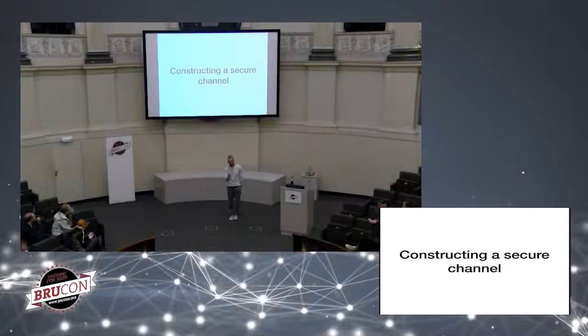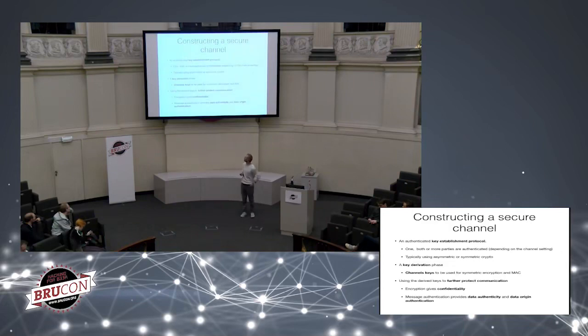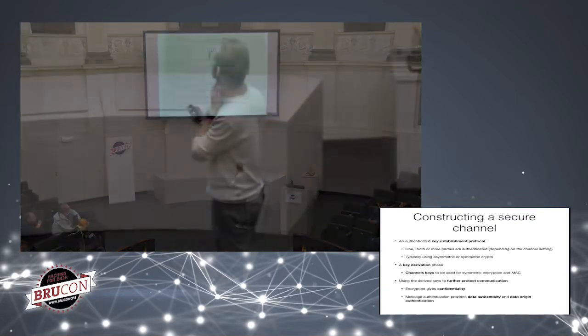If we are building applications, we're building systems, and we would like to have these specific properties, we need to build a secure channel. How can we now do that? It's a good question. So let's go over the different phases, if you will, of such a secure channel. So first of all, we need somehow a way to exchange keys. So the first thing that we need is something which we will refer to as the key establishment protocol.